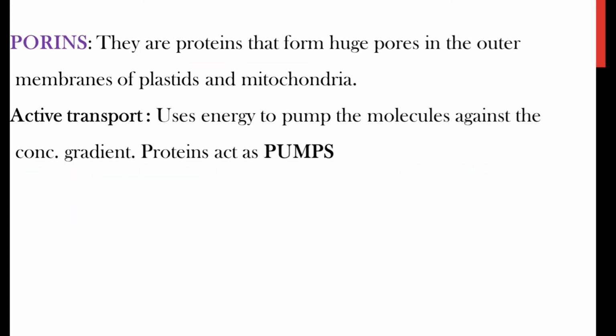The porins are proteins which form huge pores in the outer membrane of mitochondria, plastids, and some bacteria. They allow molecules up to the size of a small protein to pass through. When a specific extracellular molecule binds, the protein rotates 180 degrees and releases the molecule inside the cell.